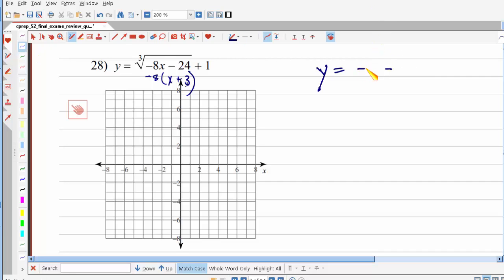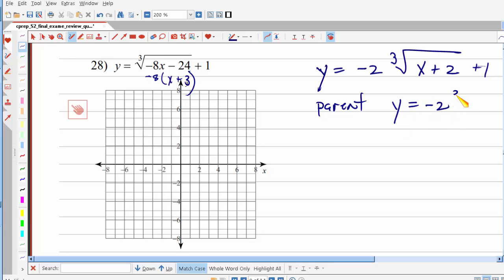The problem is really -2 cube root of x plus 2 and then plus 1. Okay, so that means my parent function is going to be y equals -2 cube root of x.